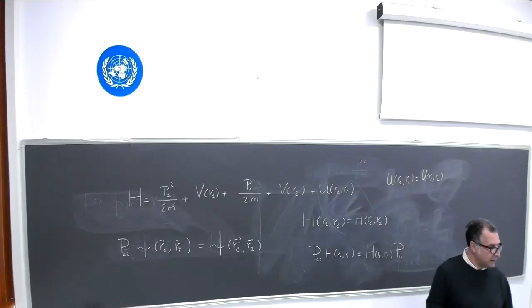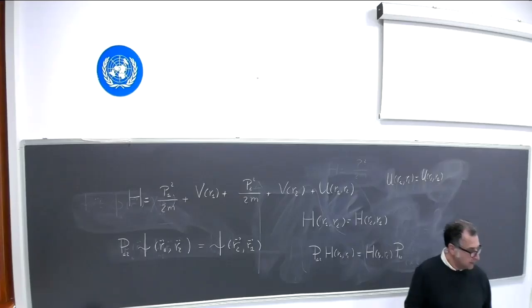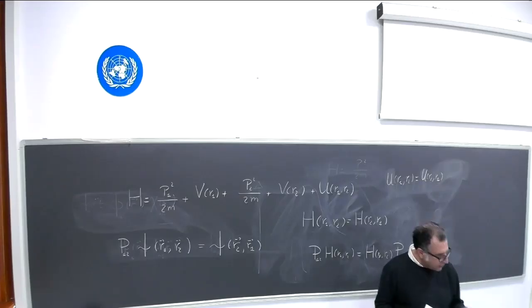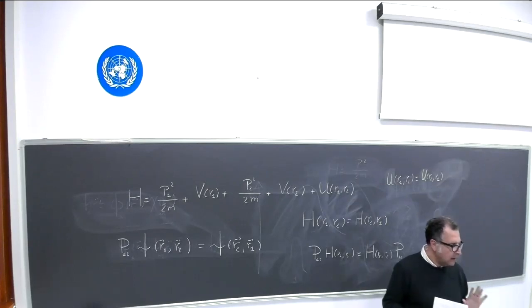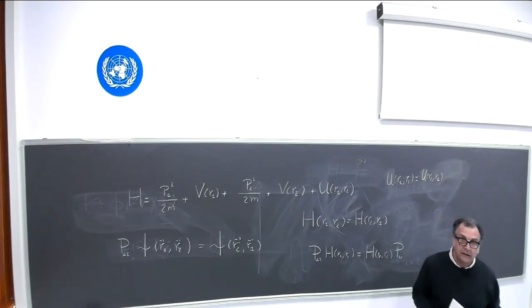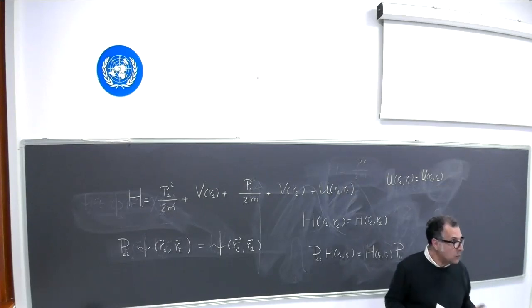P squared eigenvalue is 1. But as an operator, P squared coincides with what? The identity. Because you exchange and then you exchange again, you go back to the initial situation. So P squared should be the identity.